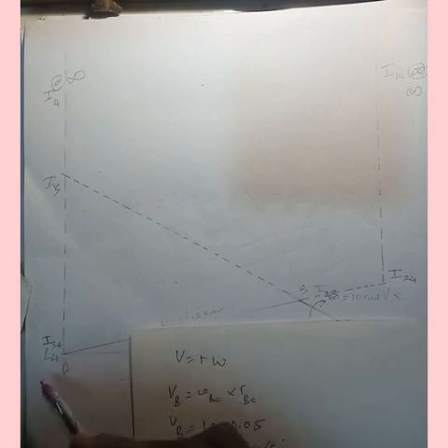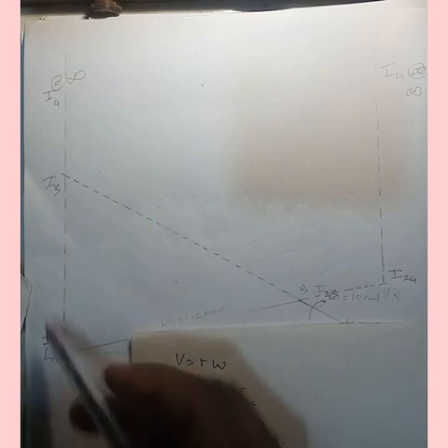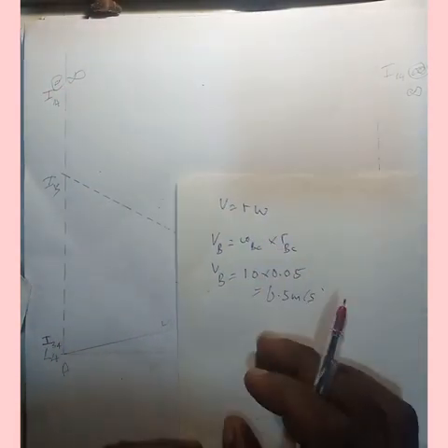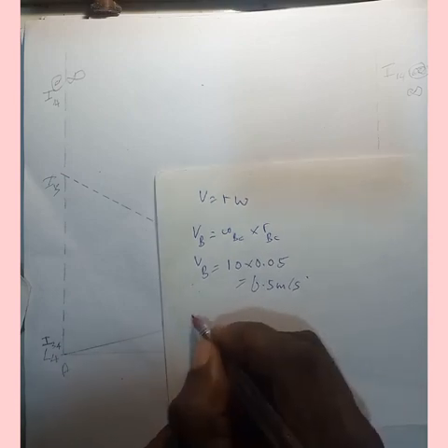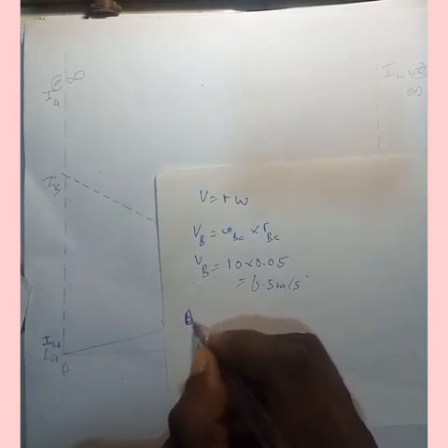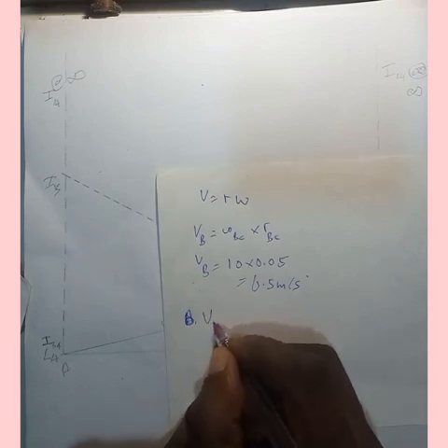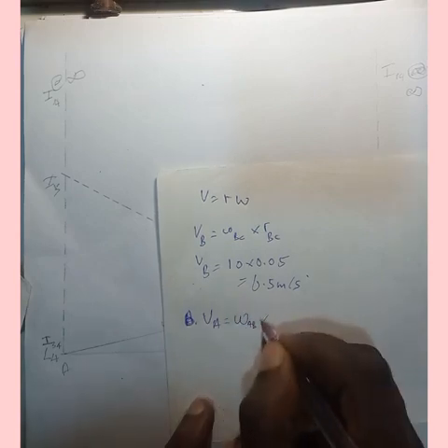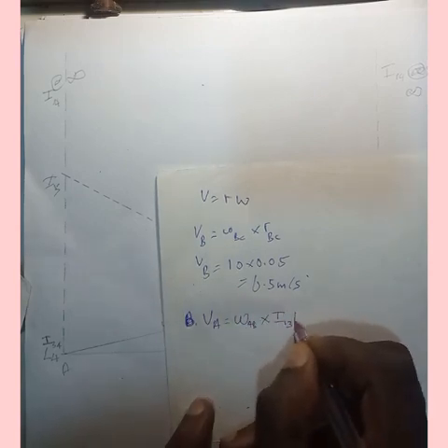But how about the velocity of A in terms of our instantaneous center? Our velocity of A in terms of instantaneous center is given by VA equals omega AB multiplied by I13A.